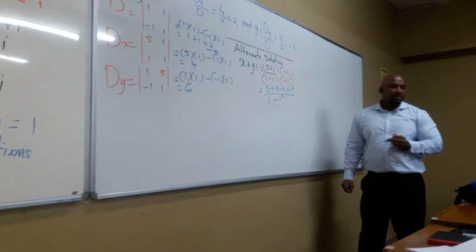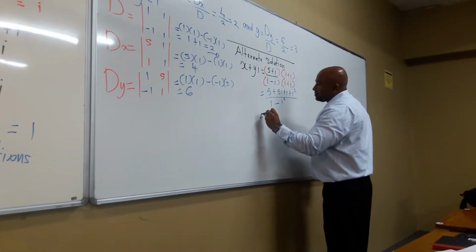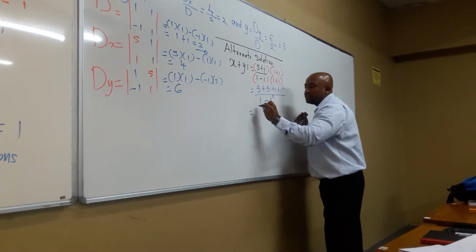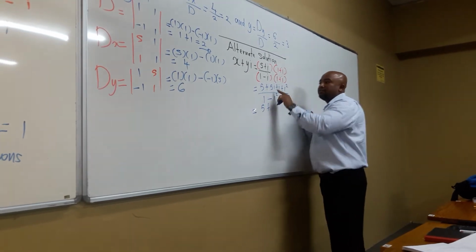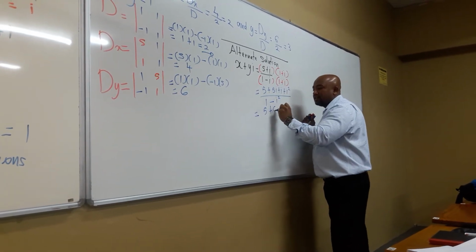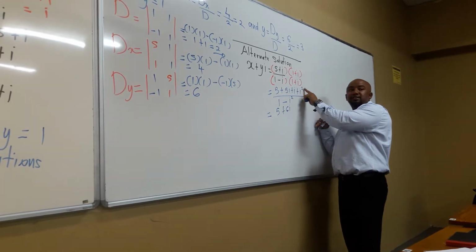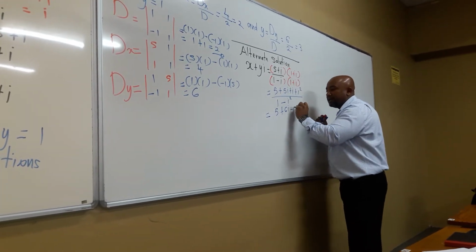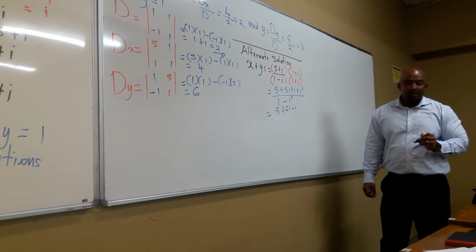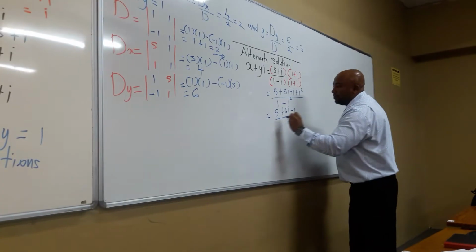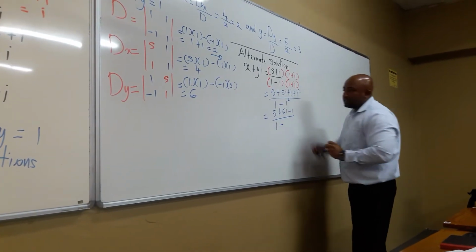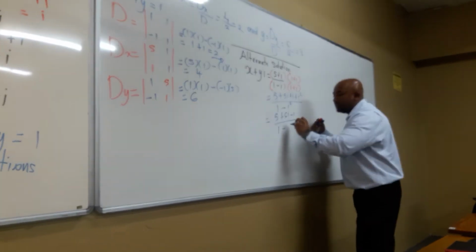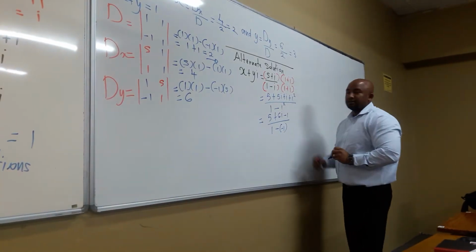A squared minus B squared. So here on the top we got 5 plus 5i plus i, which is 6i, and then i squared here is minus 1. Clear with that? In the bottom you got 1 minus i squared, here is minus 1.